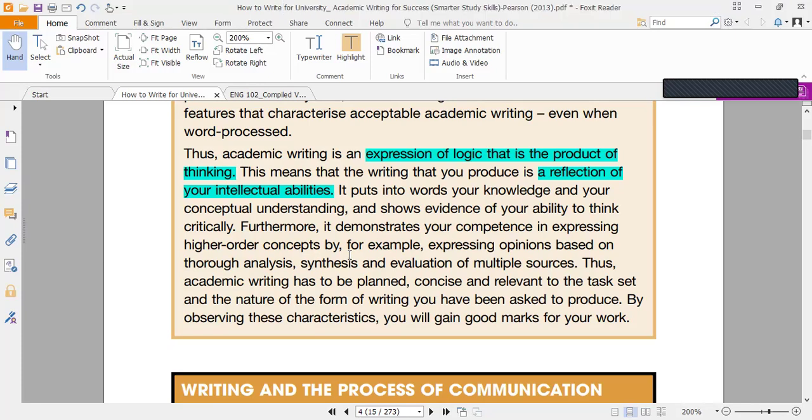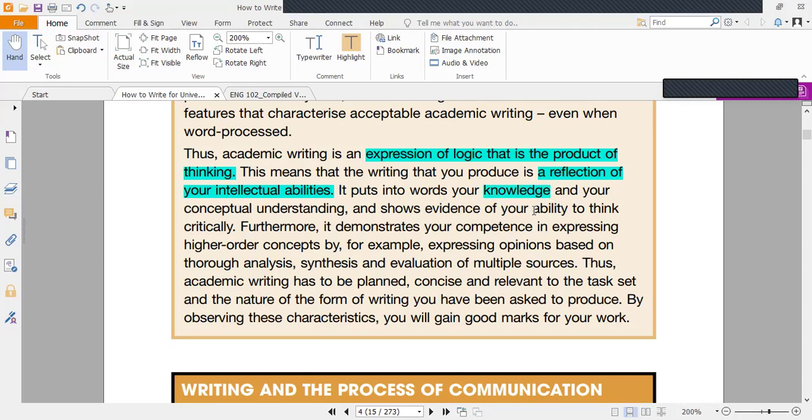So, as you write at the university, you write your dissertation, you write your thesis, you write your research report, you write your term papers, you write your exam essays, you write your assignments. It shows how intelligent you are as a student. Okay. It puts into words your knowledge and your conceptual understanding.